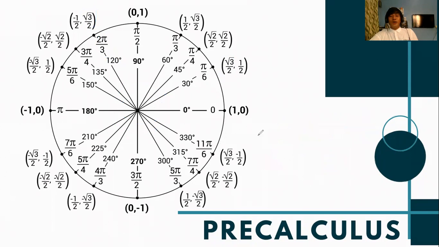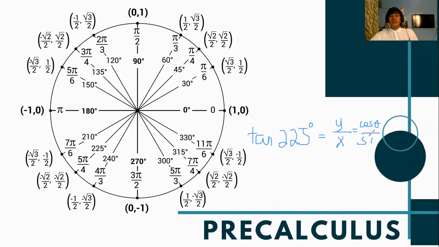Now, sir, how do we get the tangent function? For example, you want to know tangent 225 degrees. Isn't it that the tangent function is y divided by x, or sine theta over cosine theta?